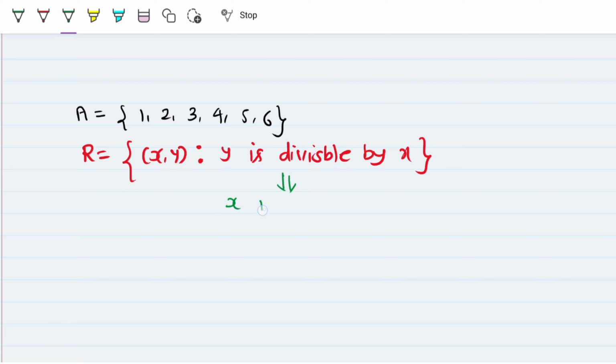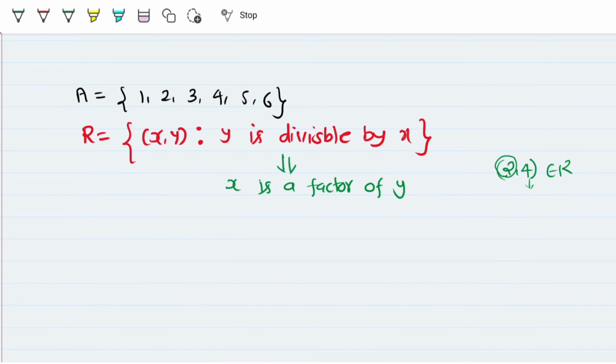Can we say x is a factor of y? Correct? For example, if I say (2, 4) belongs to R, why? Because 4 is divisible by 2, so obviously 2 is a factor of 4.